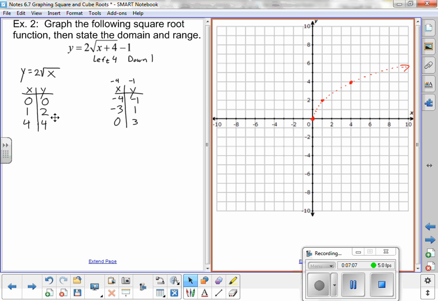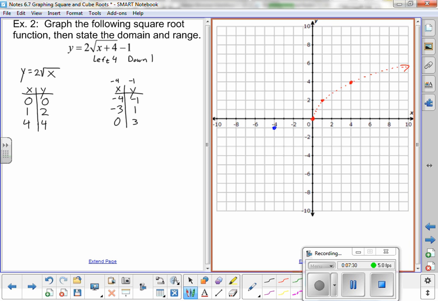All right. So what's happening here is that when we took the shifting off, we ended up with this graph that's centered right at the starting point, right at 0, 0. Now what's going to happen is all of these points that we just plotted are going to go left 4 and down 1, or basically these new points right here. So I'm going to graph these new points in blue. So negative 4, negative 1.